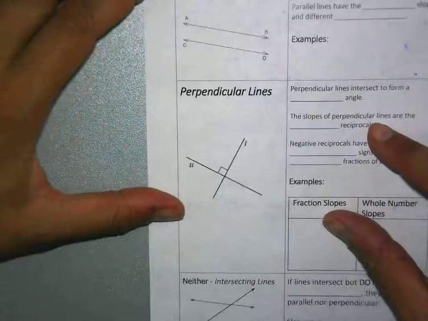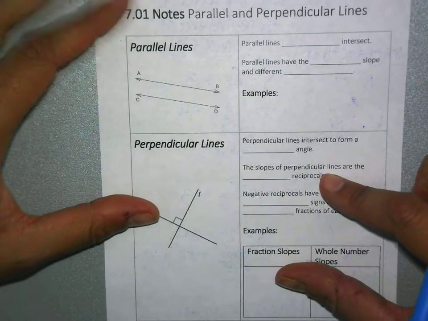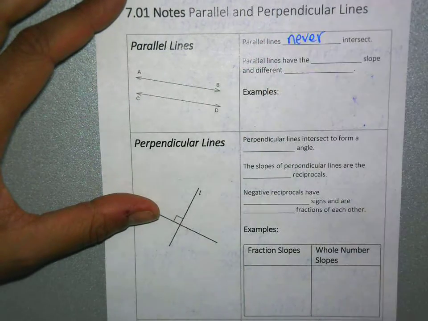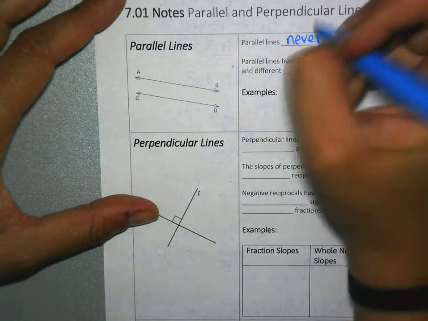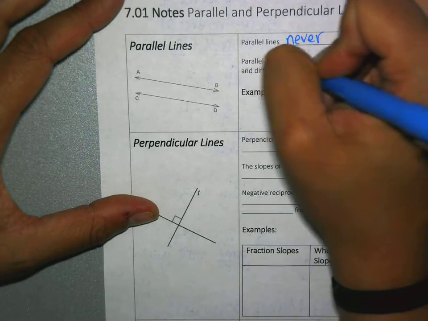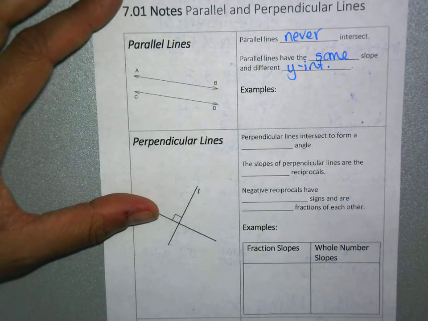So now we will talk about parallel lines, and we will recap this again. So again, parallel lines never intersect. Parallel lines have the same slope with a different y-intercept. So I'll just use the same example I gave before.